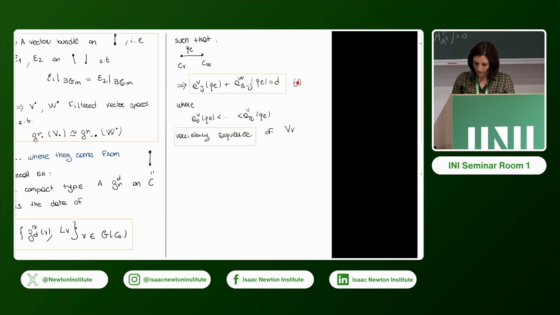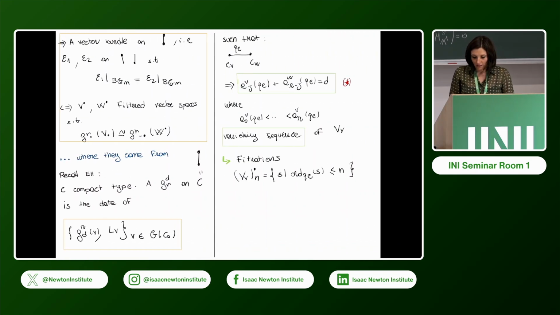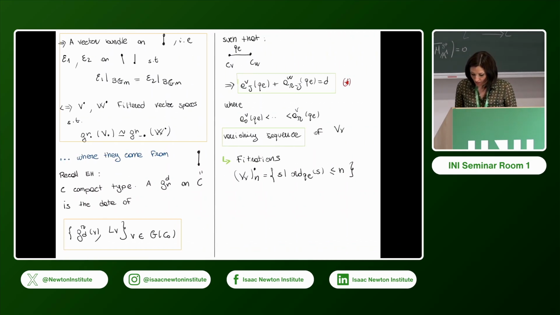Let's try and see what this means in our language. From these vanishing sequences, we get filtrations of this vector space. The pieces of the filtration are just the sections which vanish at order at most n. This gives me my increasing filtration.